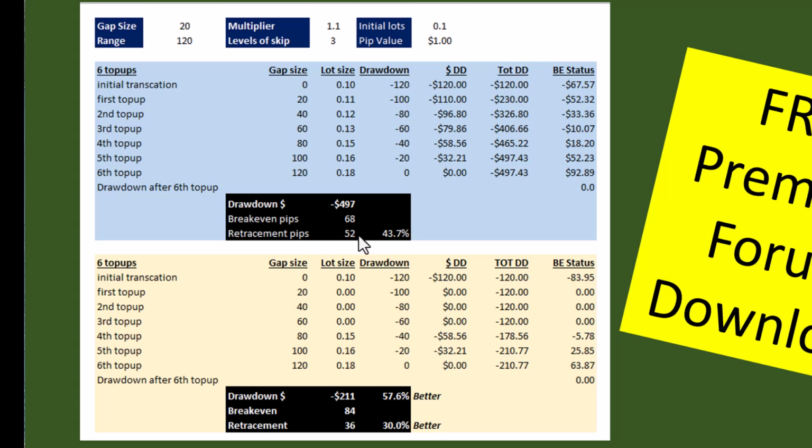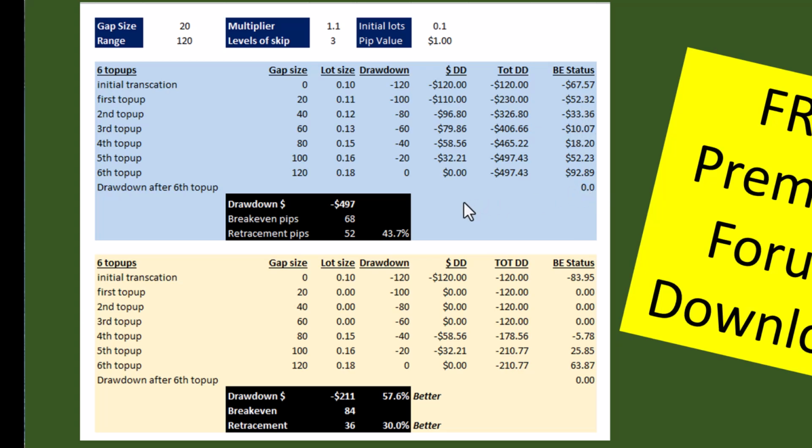You would need a retracement of 52 pips, which is 43%, to break even. So that is what this model calculates, and that column there is a calculation which shows you that some of the transactions would be positive if it retraces 52 pips, and some of them will be negative, but in the end they all balance out.